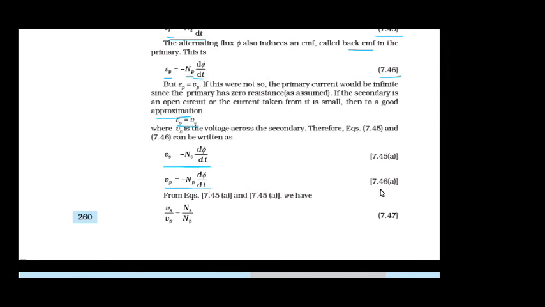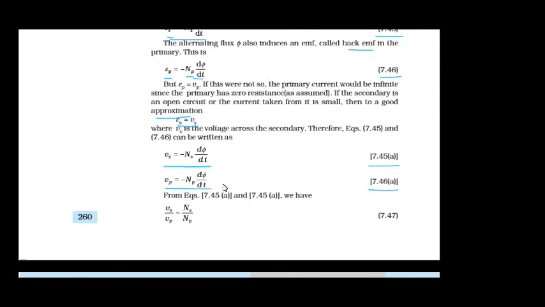So this is equation 7.46a, and this is equation 7.45a. From equations 7.45a and 7.46a, we can write V_S by V_P is equal to N_S by N_P.